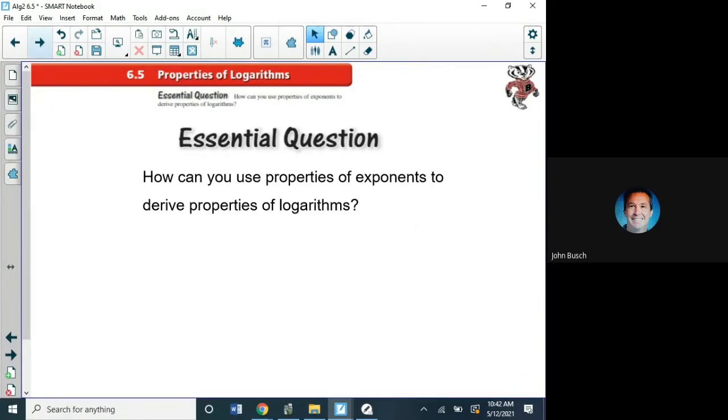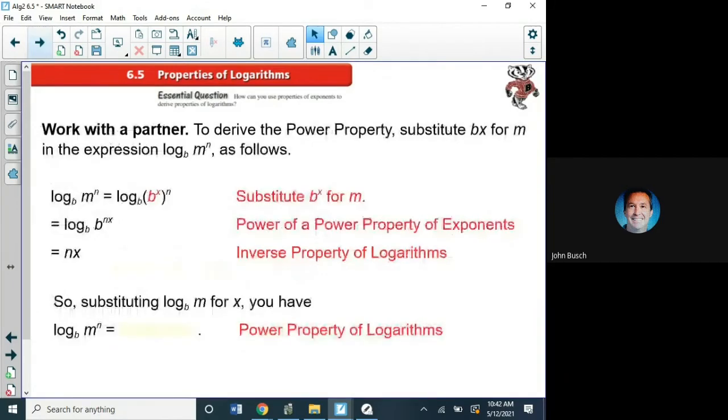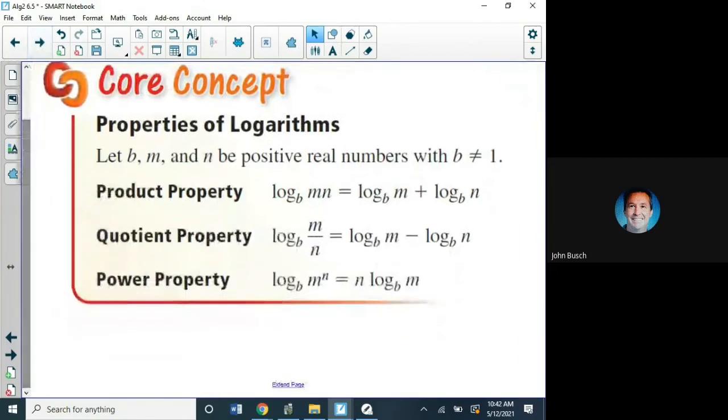Okay. These next few screens I don't think are completely clear, so I'm going to skip them, but I'll go to this property. When you have any base log of a product, m times n, you can rewrite that as the sum of 2 logs.